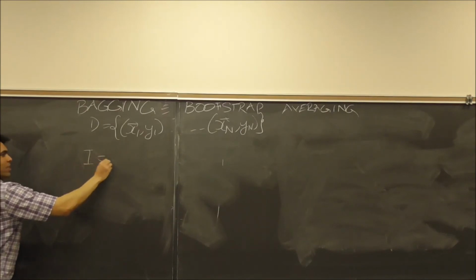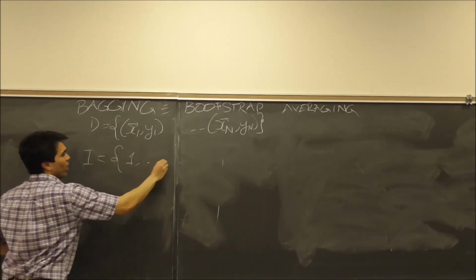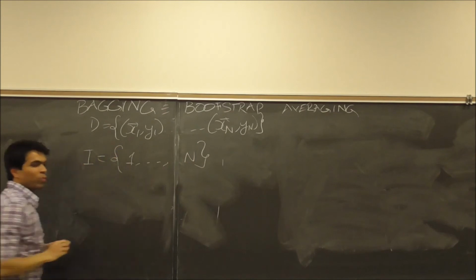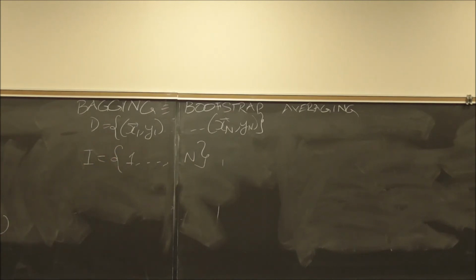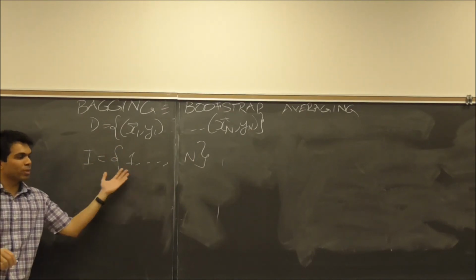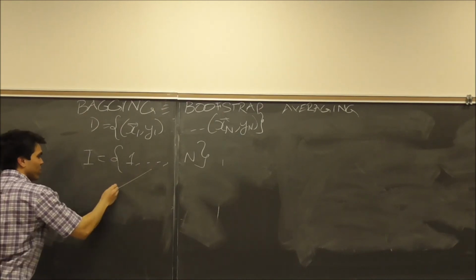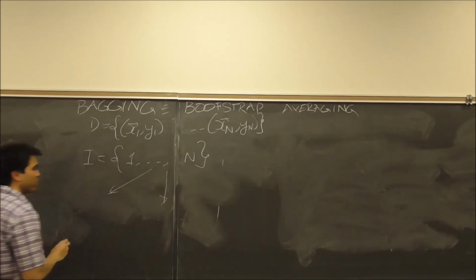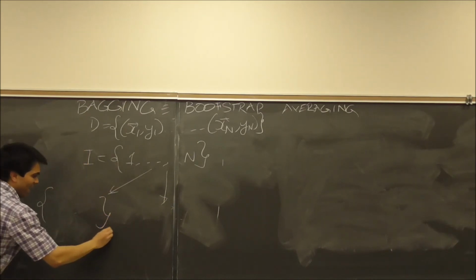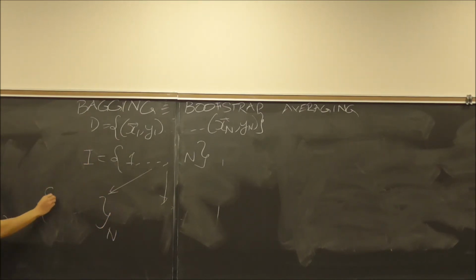Think about the set of numbers 1 through n. What we're going to do in bootstrap sampling is sample from this set of numbers 1 through n with replacement. So you sample n numbers with replacement. The first one might be 10, then it might be 3, then it might be 10 again.